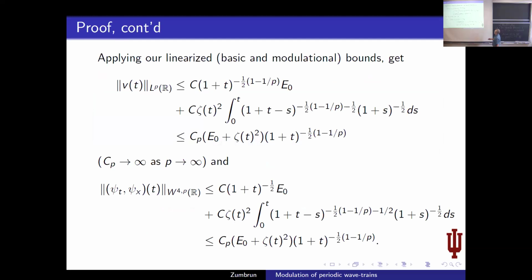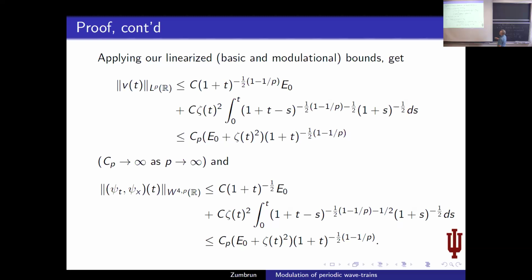Plugging that in everywhere and using our linearized estimates, here are the bounds we get. The LP norm of V would be the decay rate of a heat kernel applied to the L1 data. This is the homogeneous part, plus C zeta squared times the derivative of, so it's a differentiated heat kernel because we managed to pass derivatives onto the source. And then the source is always 1 plus s to the minus 1/2.